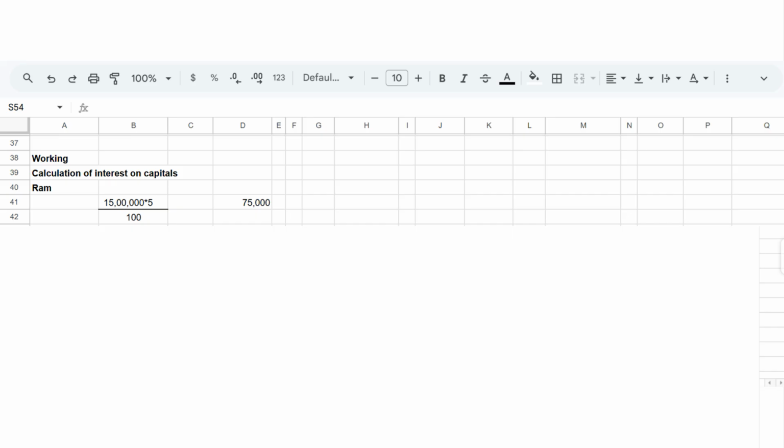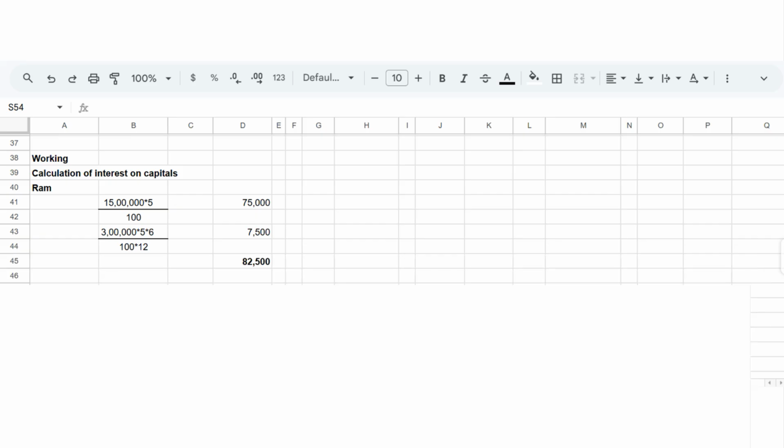October, November, December, January, February, March, that is 6 months. So 3 lakh rupees into 5% for 6 months, 6 divided by 12. So it is 7,500 and total is 82,500. That is interest on capital for Ram.